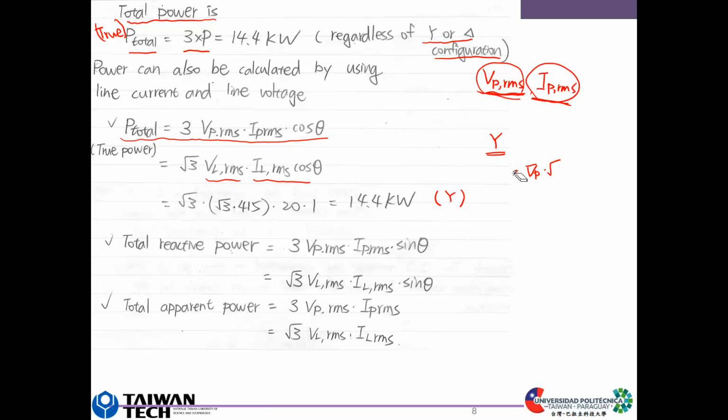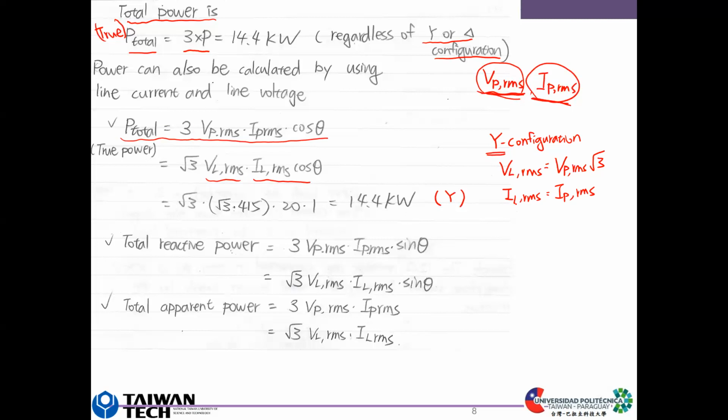Because we are talking about RMS, I just write RMS. And we have IL RMS equals IP RMS. Okay, phase current equals line current for Y configuration.